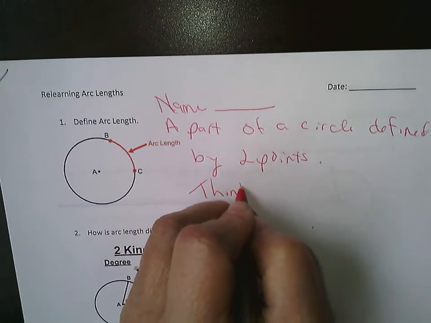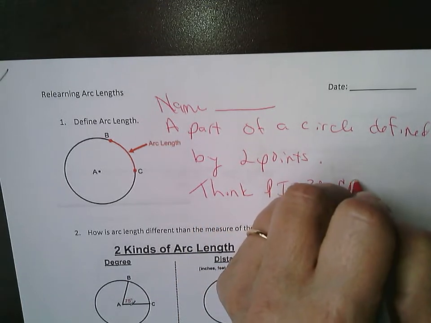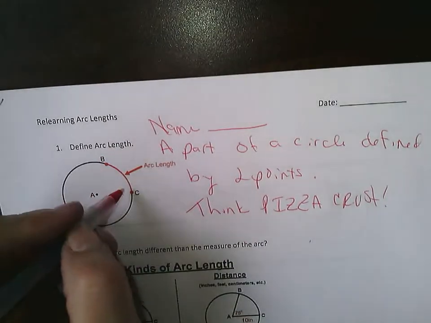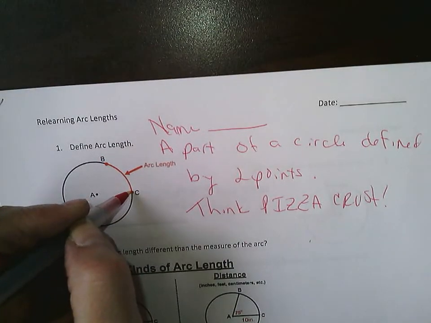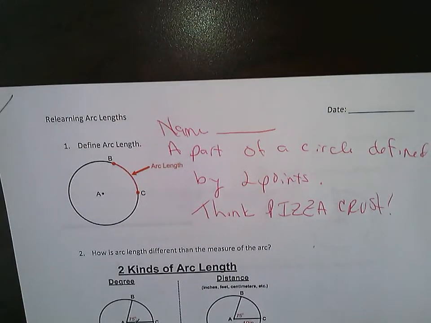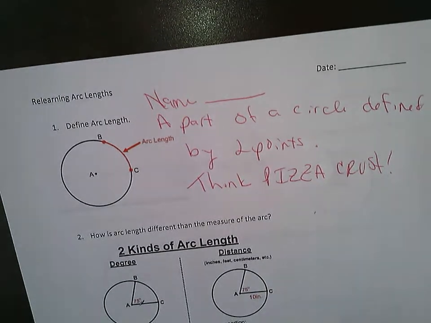Think pizza crust. So we're looking at pizza crust. If we wanted to, we could actually probably force that curved line to be straight. So we're looking at just that curved line that's in here.